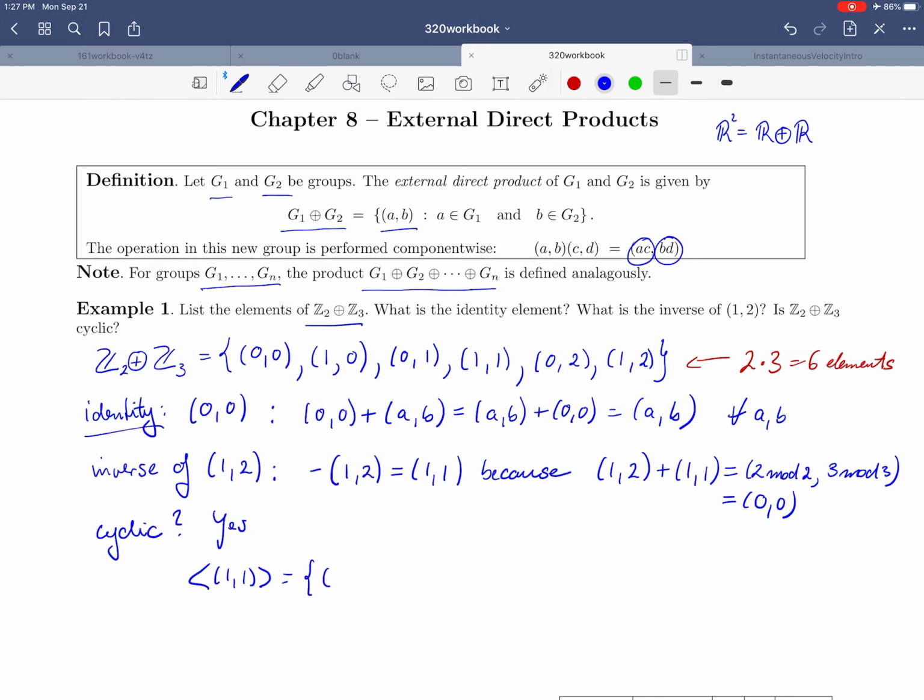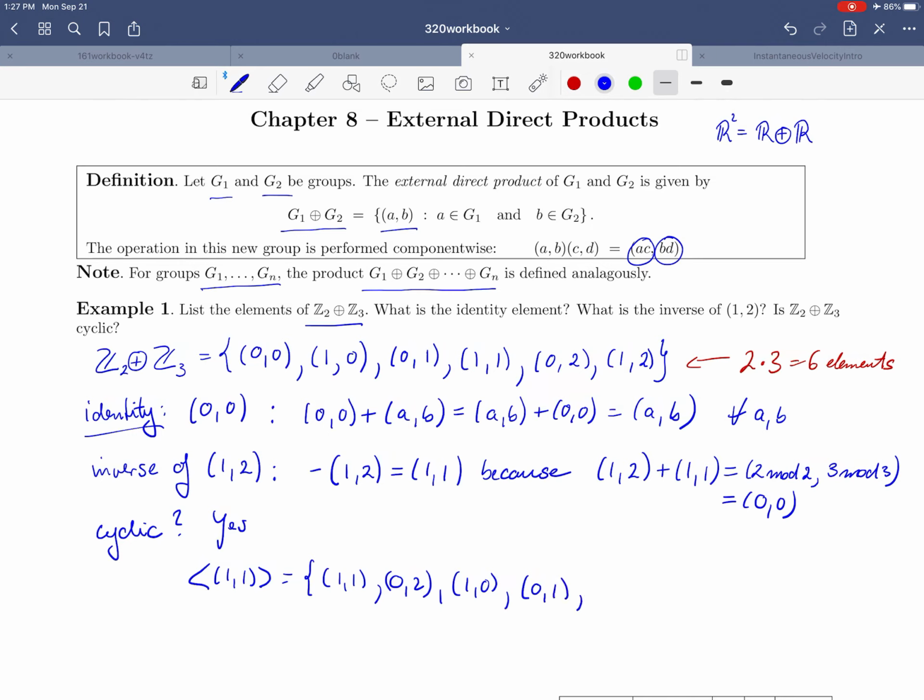So we have (1, 1). If I add it to itself, I get (0, 2). If I add (1, 1) again, I get (1, 0). If I add (1, 1) again, I get (0, 1).